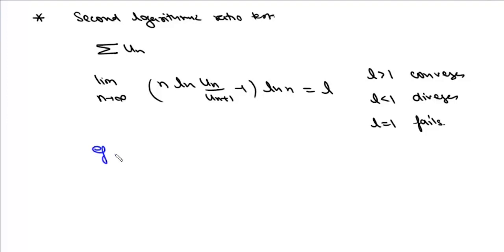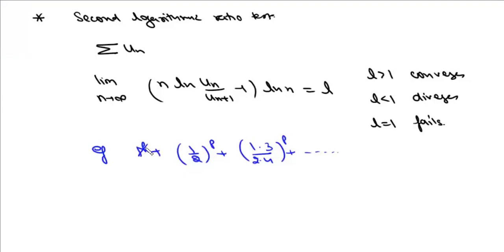Say for example, we have to test for the convergence of the series (1) to the power p plus (1 upon 2) to the power p plus (1 into 3 upon 2 into 4) to the power p, and it will continue up to infinity.